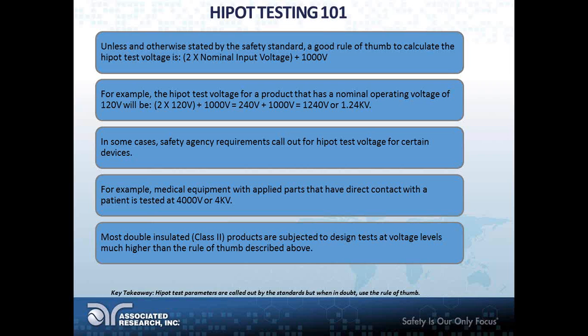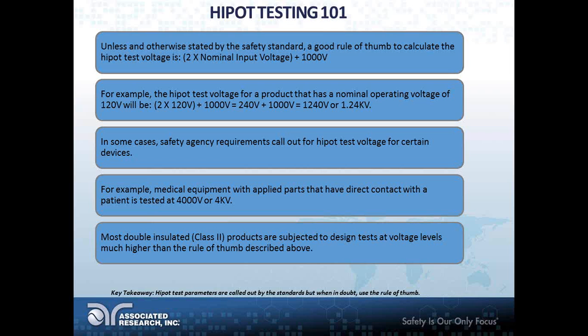Also remember that most of the double insulated class 2 products are subject to design tests at voltage levels much higher than the rule of thumb that we just described above. Like I said, Associated Research makes Hipot testers that can go up to 20 kV, 20,000 volts, and trust me, we have customers who actually utilize that much voltage.